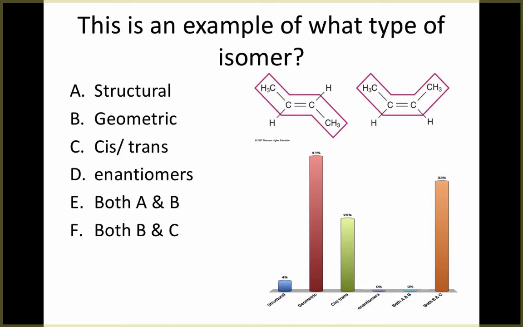Is it D, an enantiomer? Is it both A, structural, and B, geometric, or B, geometric, and C, cis-trans? You guys would be right if you went with only 33% of the population here and said F, both A and B.